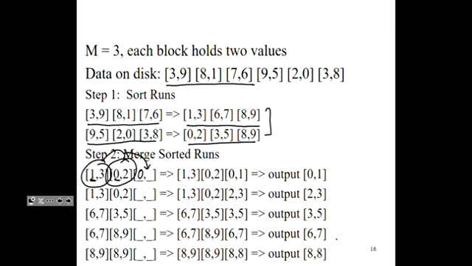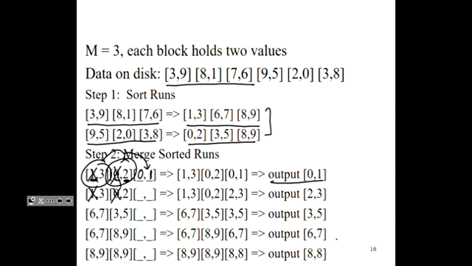I've already done processing 0. Next I'm going to look at 1, look at 2, pick the smaller of those 2 values, store it in the output, so that's going to be 1. I'm done with 1. I've filled out my output block, so I can go ahead and output 0, 1. Now I'm basically done with 1, I'm basically done with 0.